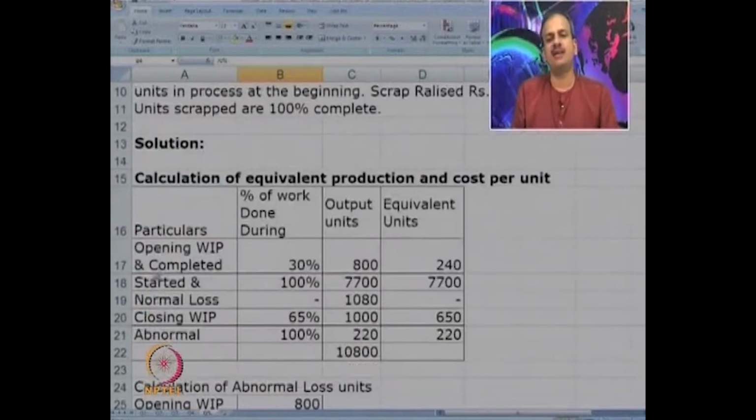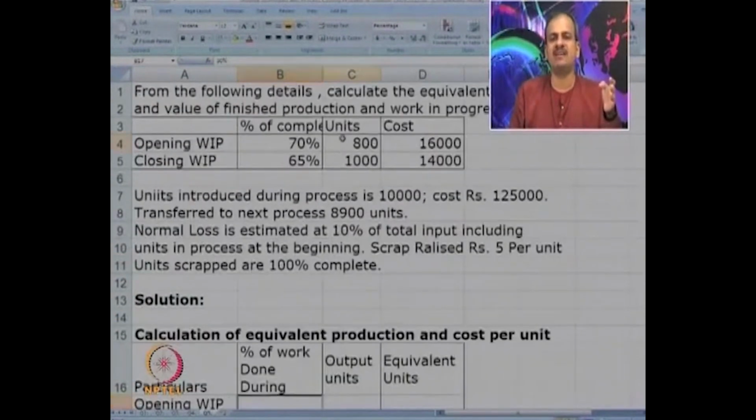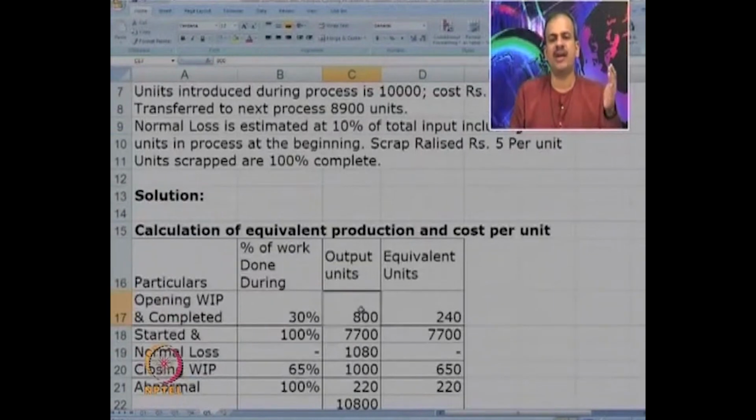That is why on opening work in progress I take the percentage work done as only 70. The number of units are given as 800. So 800 into 30%, equivalent units are 240. Getting?